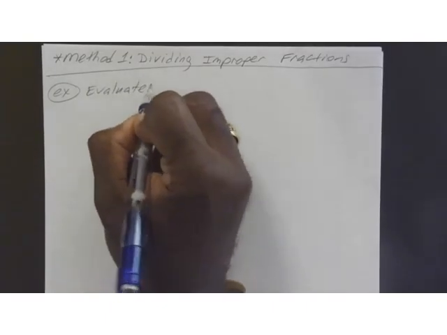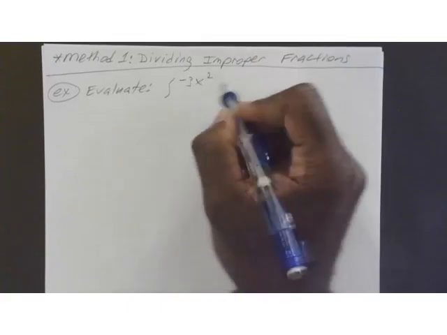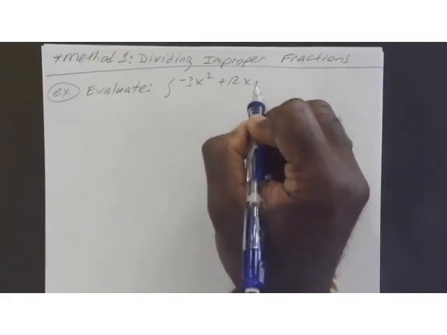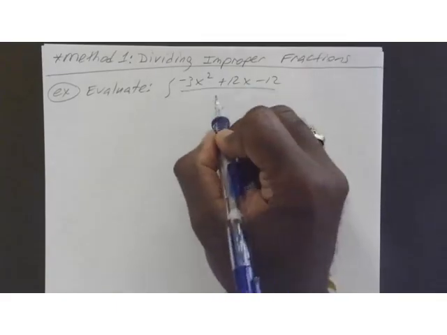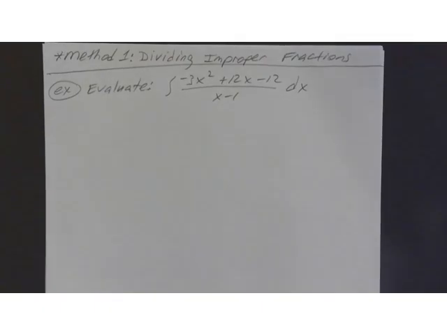So what if we wanted to evaluate the integral of negative 3x squared plus 12x minus 12 divided by x minus 1 with respect to x?